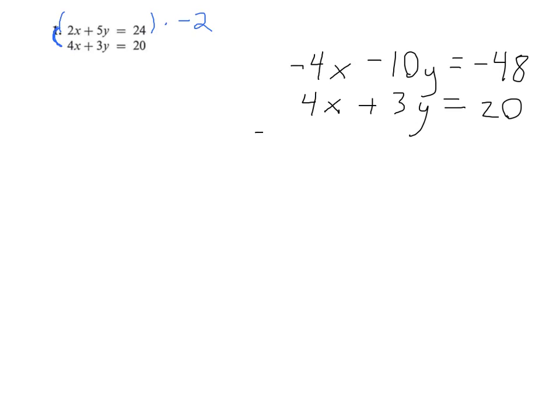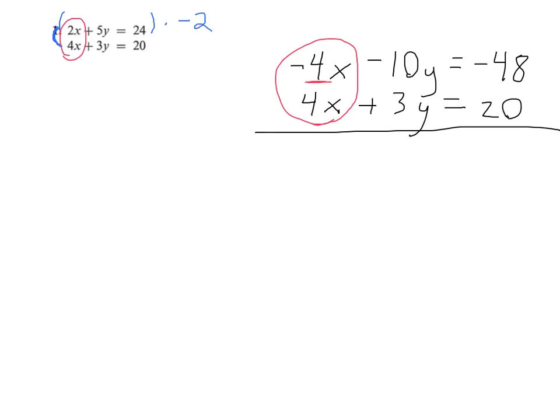Now I can add these together, and the reason I did this was because 4x and -4x will cancel out. That's how I found this -2. I said, I want to cancel these two out because they're the easiest. I can multiply by whatever number, but I saw that -2 is the easiest because if I multiply 2 by -2, I get this -4, which cancels out nicely.